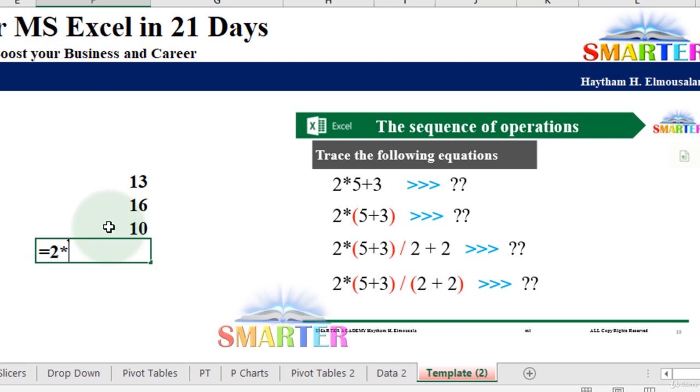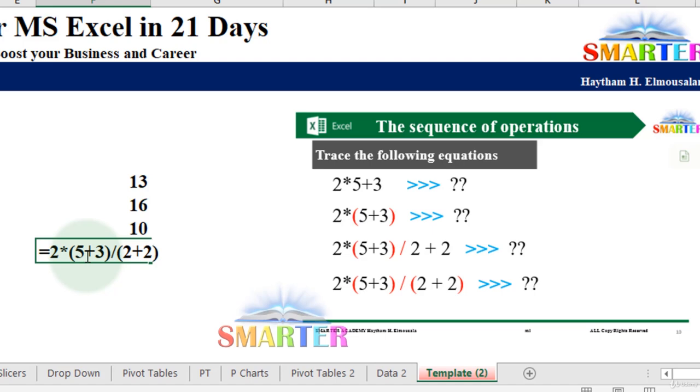Also 2 multiplied by parentheses 5 plus 3, divided by parentheses 2 plus 2. So here parentheses make priority to addition. So the first thing executed here is 5 plus 3.